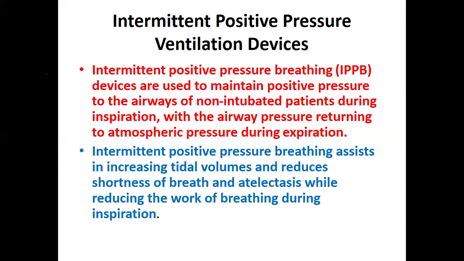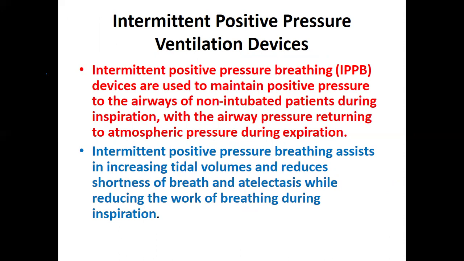Amongst them, we have the intermittent positive pressure breathing devices. These IPPB devices are used to maintain positive pressure in the airways of non-intubated patients during inspiration, with the airway pressure returning to atmospheric pressure during expiration.